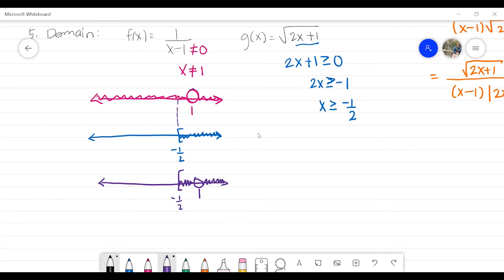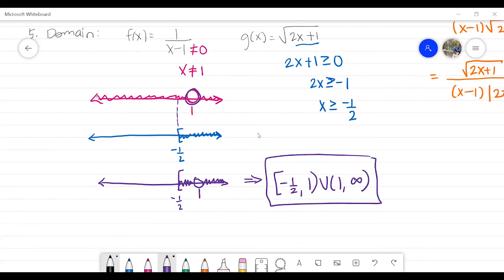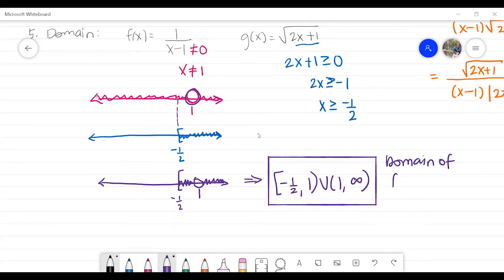And that's because this is an open circle up here. Okay, so this in interval notation gives us bracket -1/2 to 1 parenthesis union 1 to infinity. This is our domain of f plus g, f minus g, and f times g.